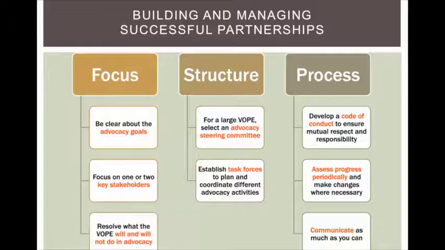So if, for example, you're thinking of a poster campaign, or if you're thinking of convenings, or if you're thinking about investing in a relationship with the government, each of these can be very time consuming. So really think about separating out who works on what so that you don't have burnout.